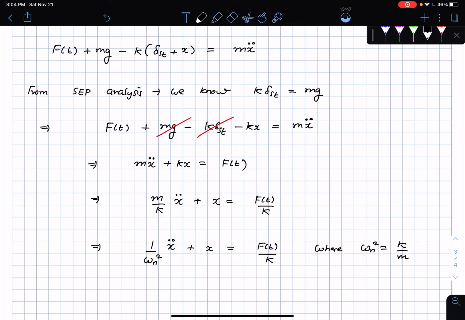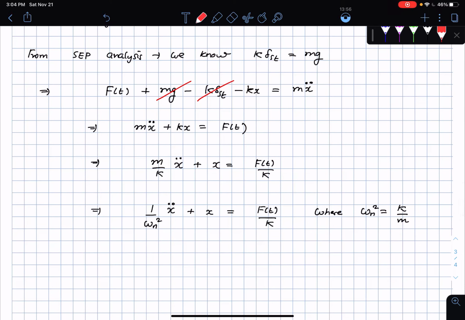This is something that you have seen in the previous lectures. So this is the standard form of the equation of motion. If you had a damping element, I would just have an extra term that is velocity dependent, but it's not going to change anything by a whole lot.